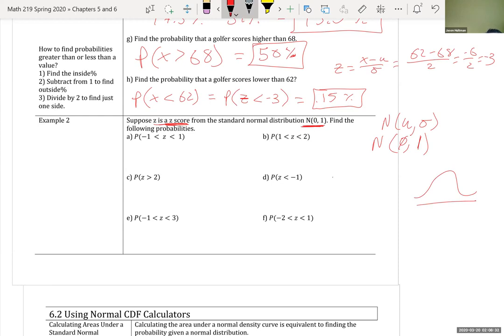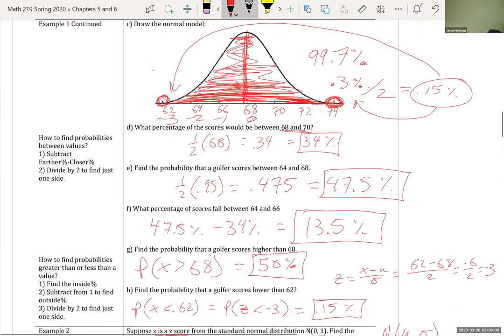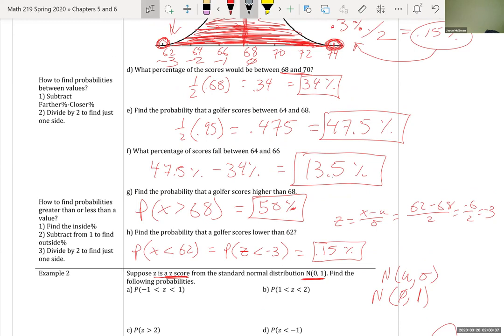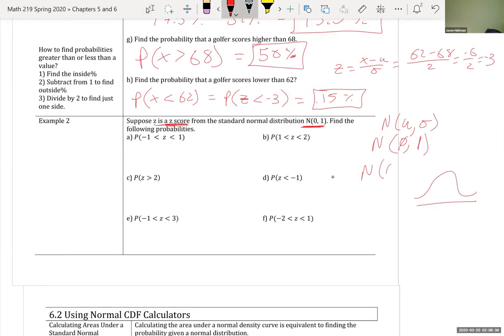Just like in the last problem, we had a distribution that was N of 68, 2. This is non-standard. So this is standard, and this is non-standard.